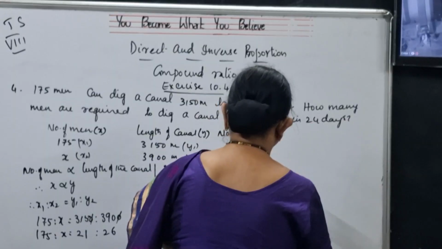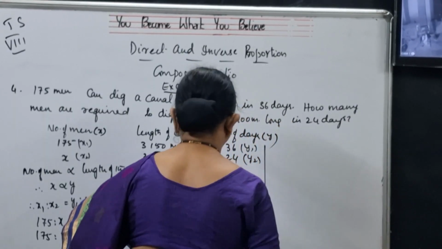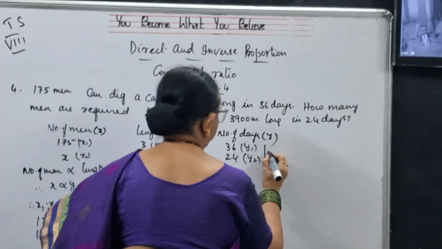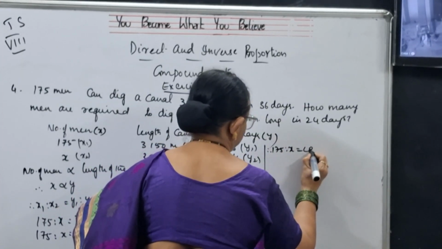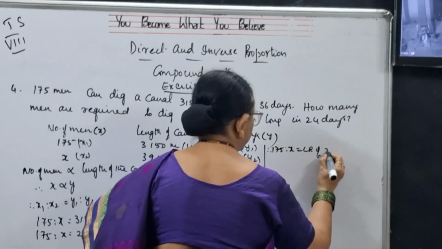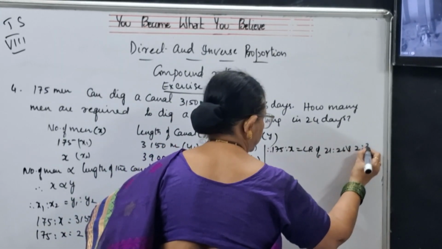So here, therefore, 175 is to x is equal to the compound ratio of 21 is to 26 and 2 is to 3.